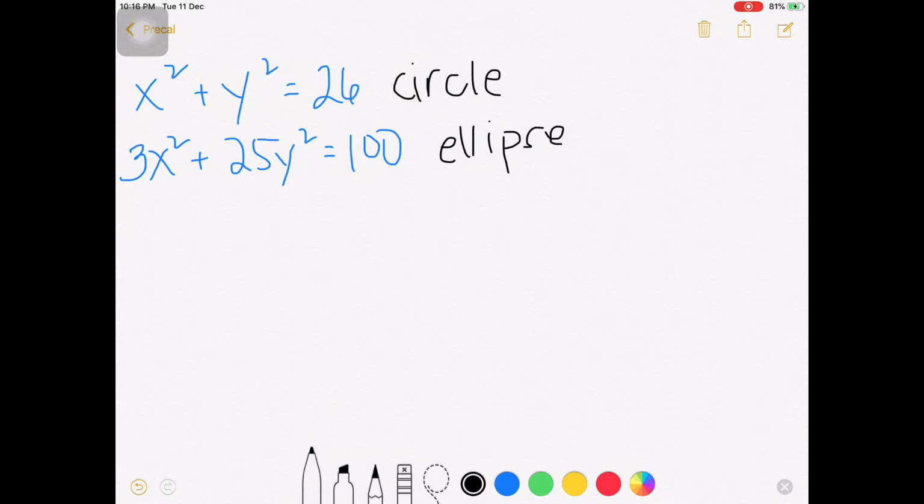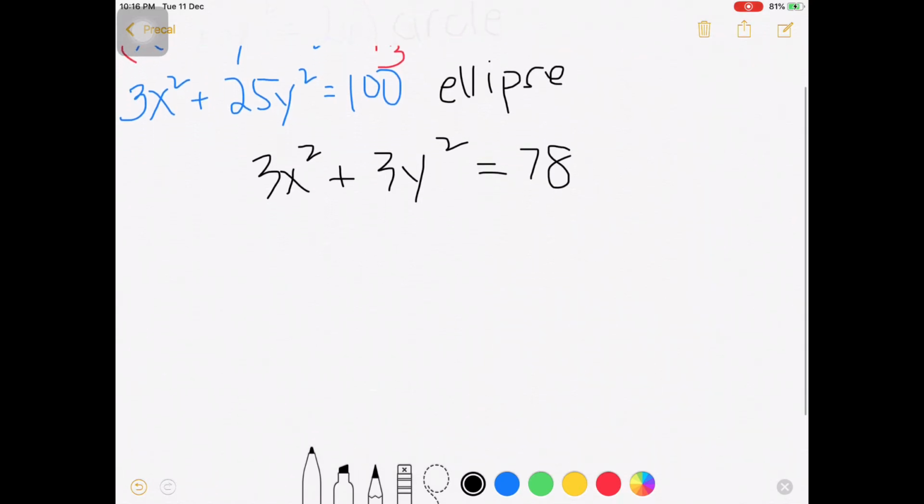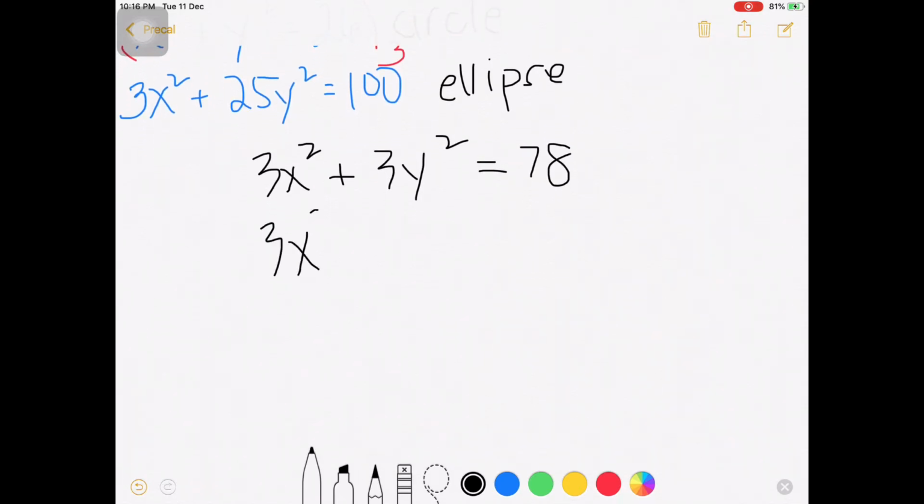Thus, elimination method. So, in this case, we have to multiply the first equation by 3 so that 3x squared can be eliminated. So, we have 3x squared plus 3y squared is equal to 26 times 3, it's 78. Now, we just have to copy the second equation.